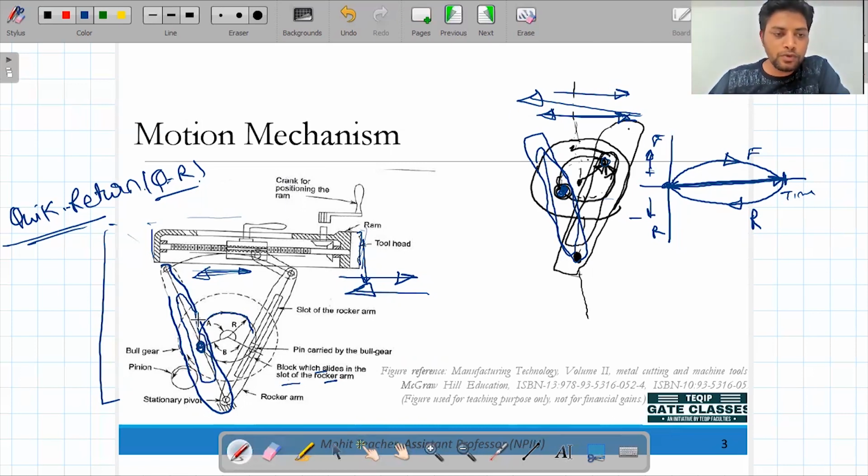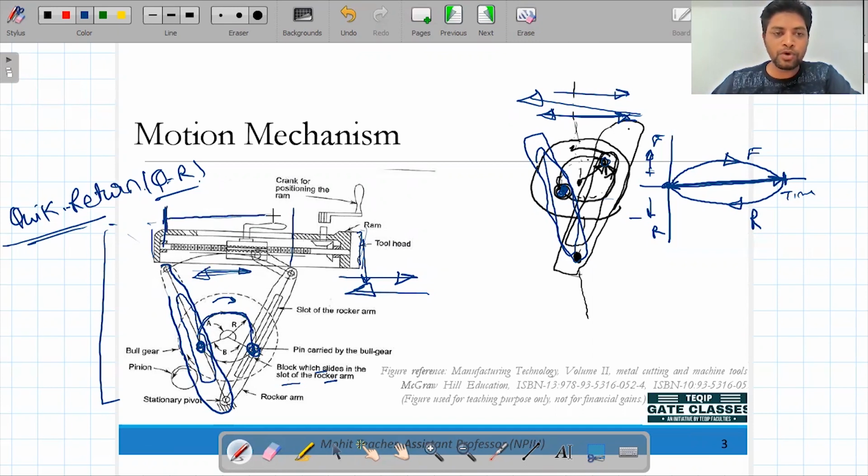When this is rotating in the clockwise direction, it will start moving and come to this position. Okay, this is the final. Initially it was here.